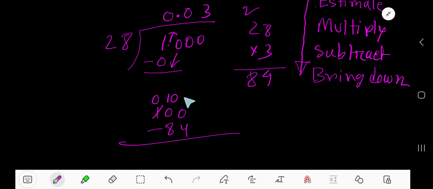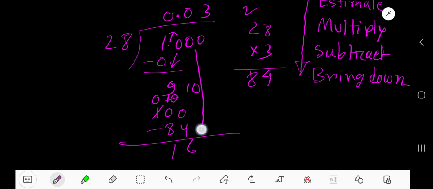And now if you borrow 110, then what will happen? You will have 9 tens, and 110 equal to 10 ones. 10 minus 4, 6. 9 minus 8, 1. That is 16.